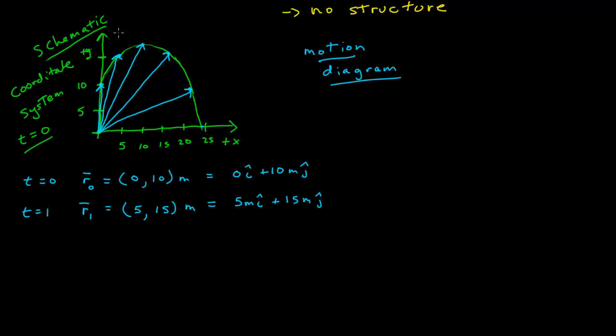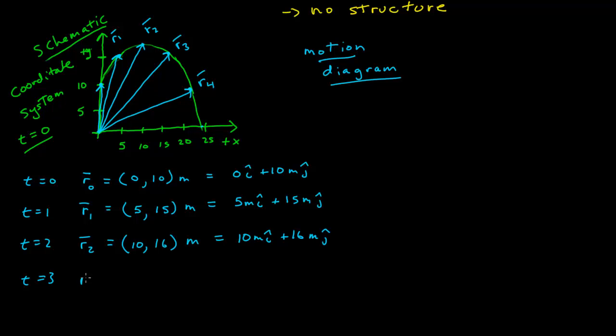And so this is then R1. If this is R2, R3, and R4, I can measure what each of those are. R2 is that its x-coordinate is now 10. The y-coordinate, I'm going to say, is 16. And so that's 10 meters i hat plus 16 meters j hat.